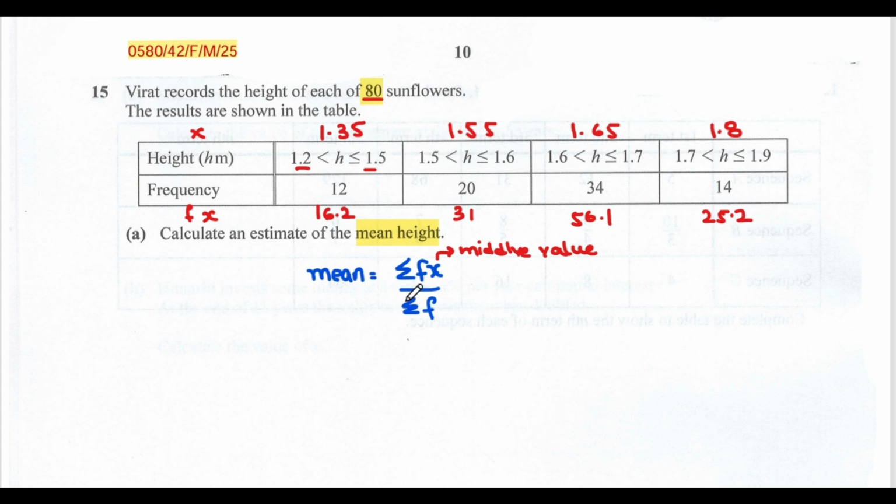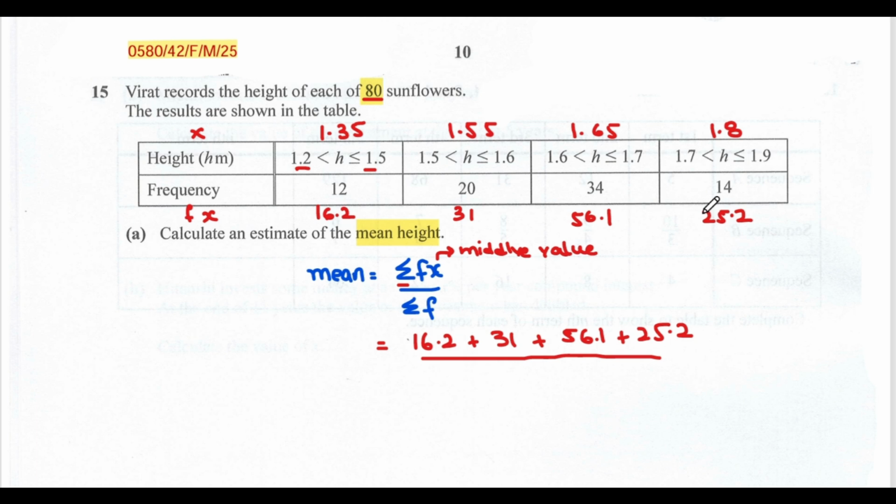In the formula, we have summation of fx. So I will add all the products of frequency and middle value. So 16.2 plus 31 plus 50.1 plus 25.2. And in the denominator, I have to write the summation of all the frequencies.